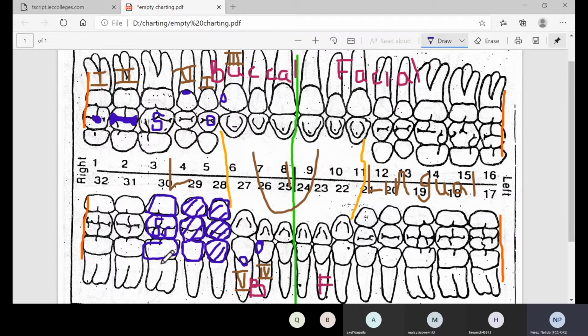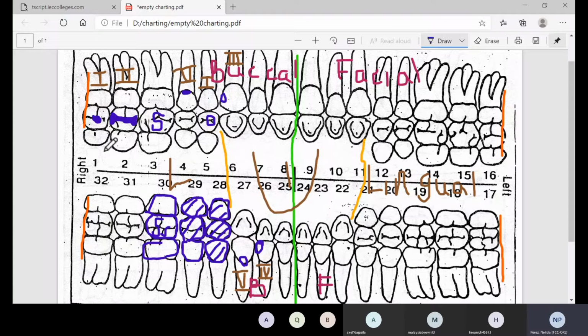What does the outline stand for? Crowns. So this is a stainless steel crown. Stainless steel crowns are usually the temporary crowns that we put on baby teeth until they get their permanent tooth. So SS means stainless steel crowns.